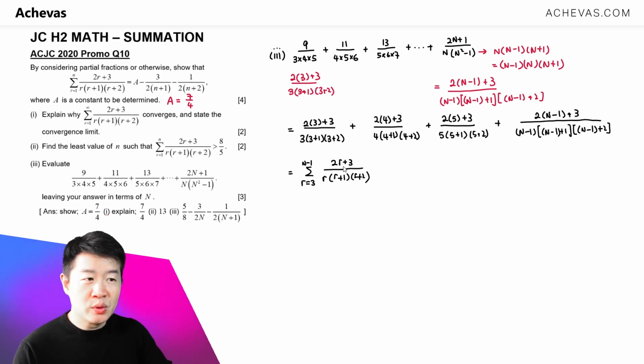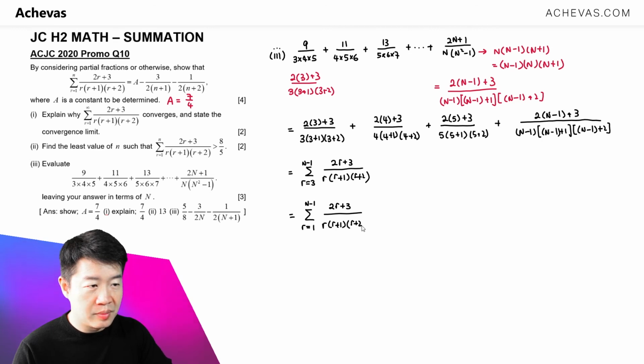And now what we want to do is to make use of the previous result, which starts from 1 and ends at an arbitrary n. So to do that, I'm going to re-express this as summing from r starting from 1 all the way until n minus 1 of 2r plus 3 divided by r plus 1, r plus 2.